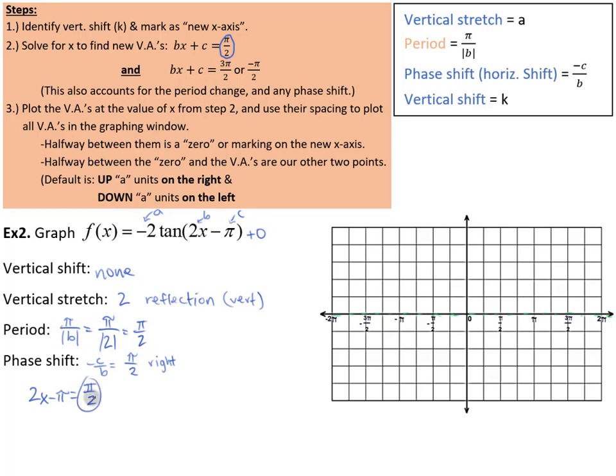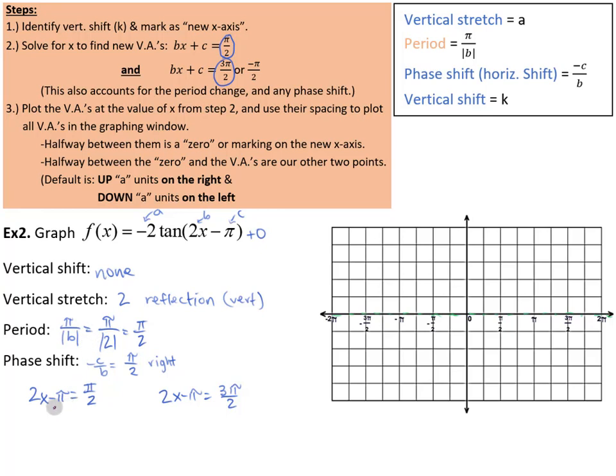Remember, that was one of the original undefined values for tangent from our unit circle. And when does 2x minus pi equal 3 pi over 2? That was our second undefined value. This will tell us how spaced our vertical asymptotes are and where they're at.